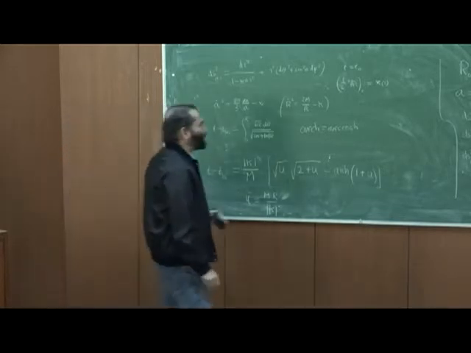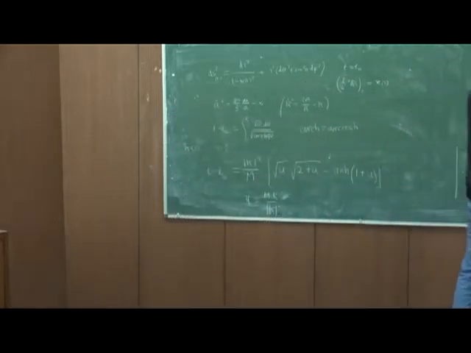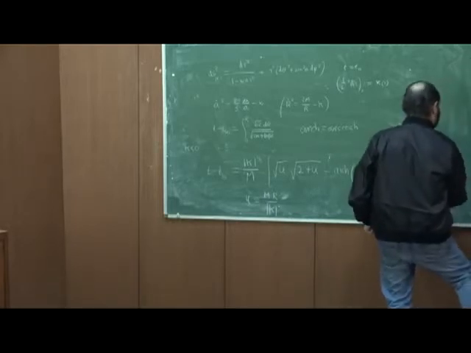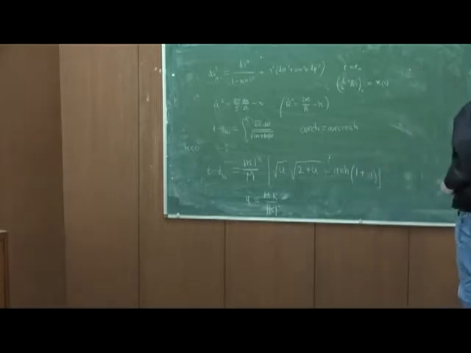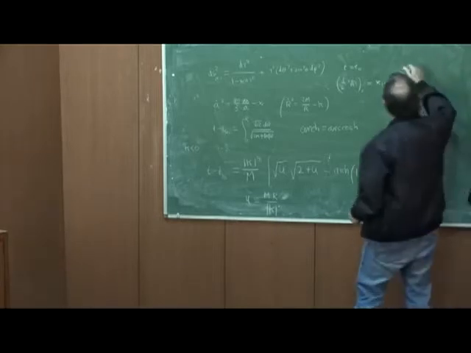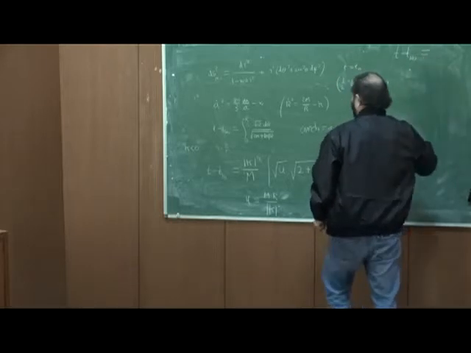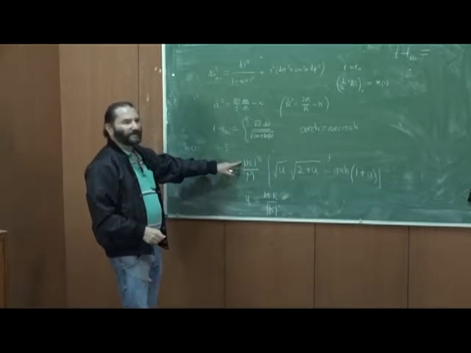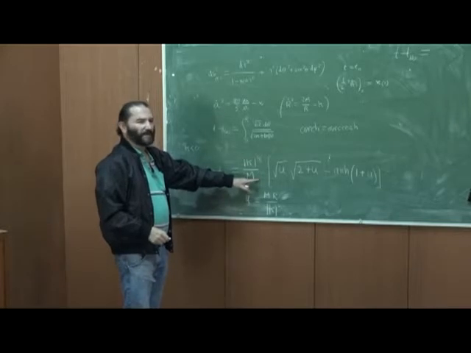Now let's put it into our new variables. We already know that once we substitute this, there is an r cubed here, and a 4 pi by 3.